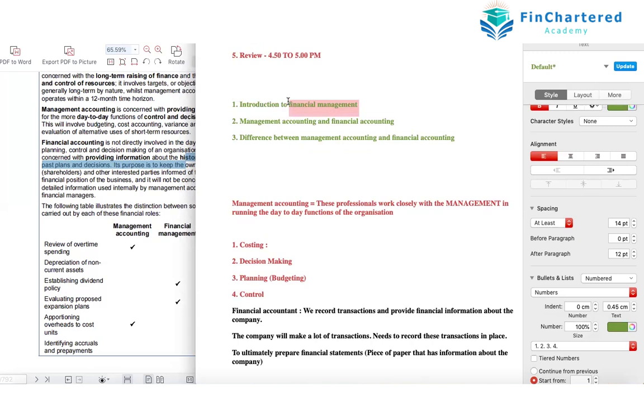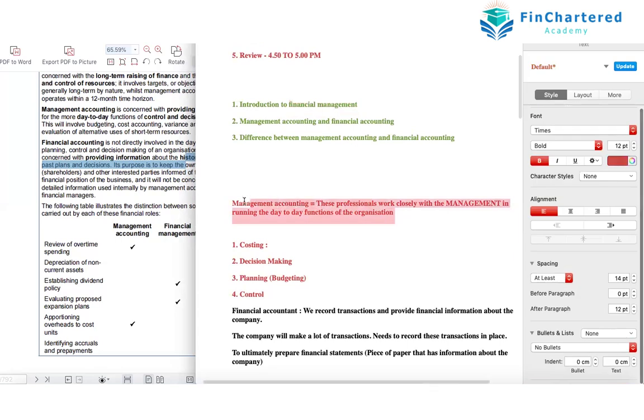But again, going back to the introduction to financial management, we are learning how to what? We are learning how to manage finances. Where do you raise it from? Where do you invest? And how do you deal with dividends? Then I told you what is management accounting.